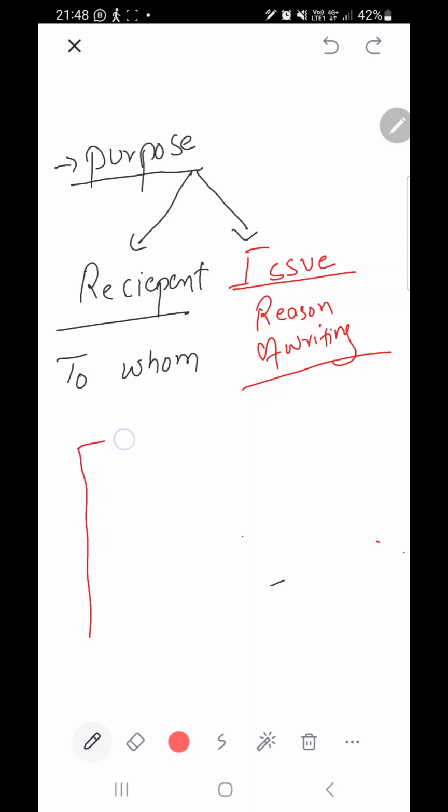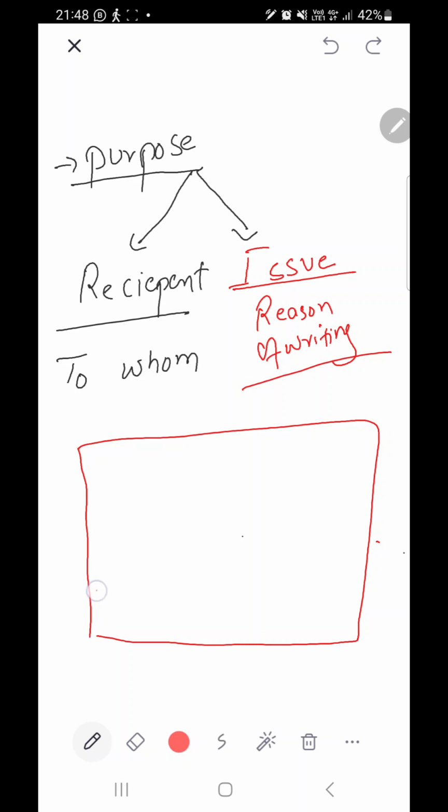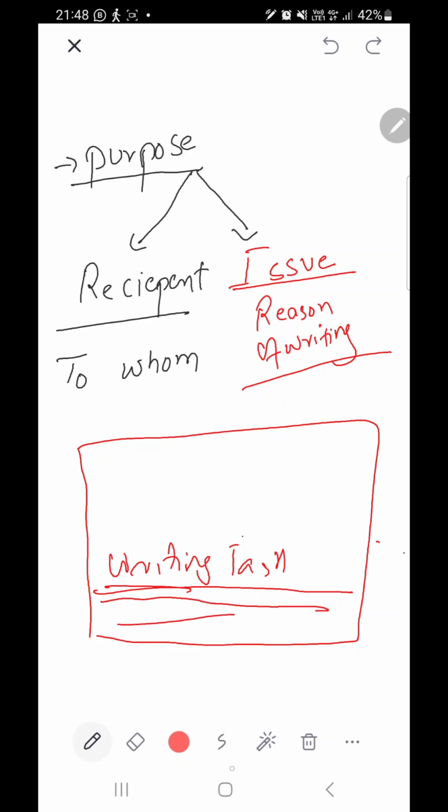Let's say if this is your case notes, on the bottom left corner you will find the instruction such as writing task. In here, there will be a guideline given to you that you are writing this letter to so and so, for further management and so on. So at least you can identify the first point in the purpose, which is to whom you are writing this letter.